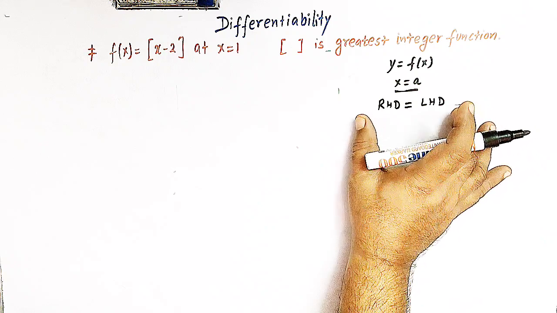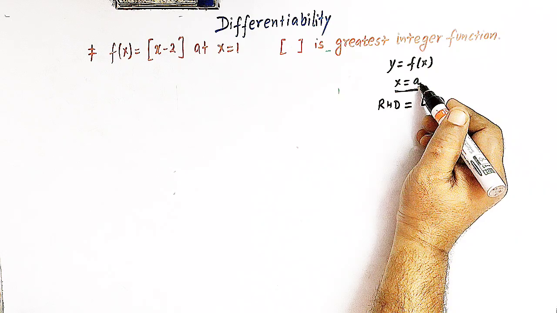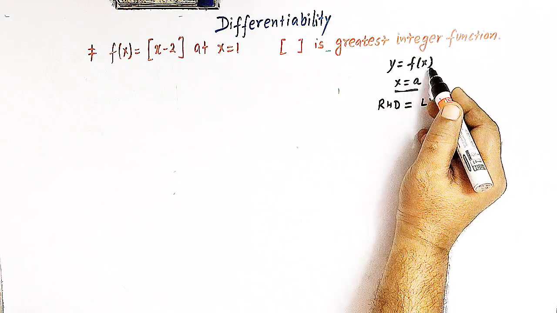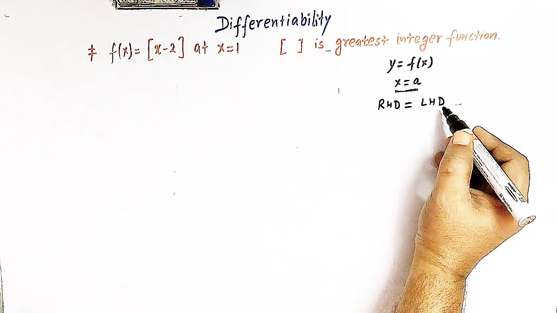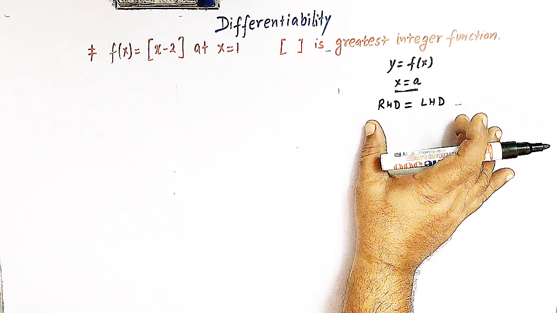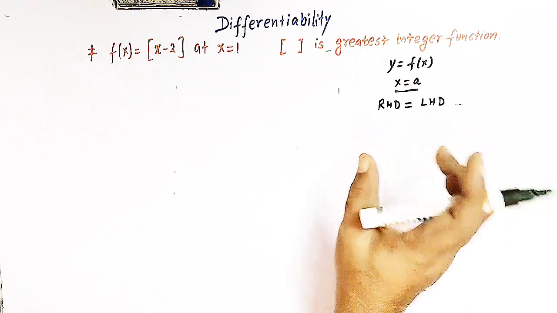So a function is said to be differentiable at x is equal to a in the domain of f of x if the right hand derivative and the left hand derivative both exist, are finite, and are equal.